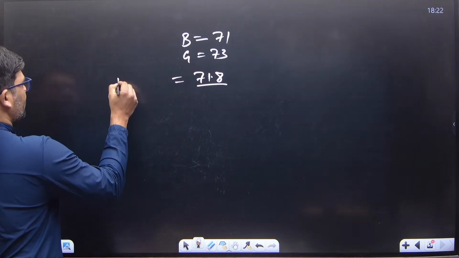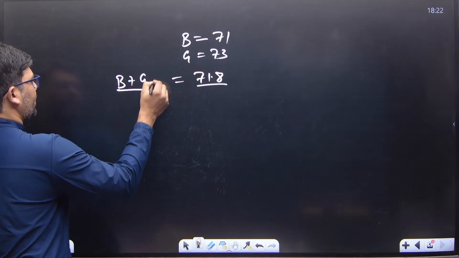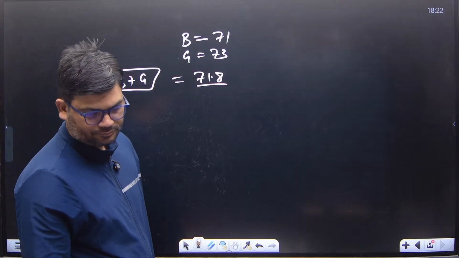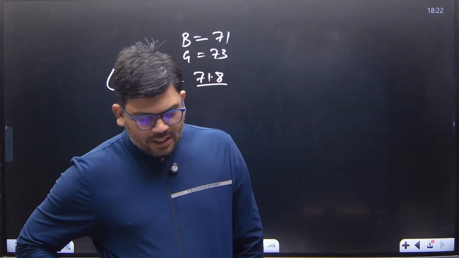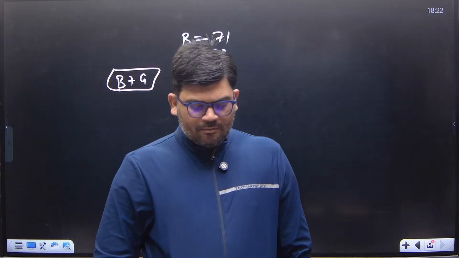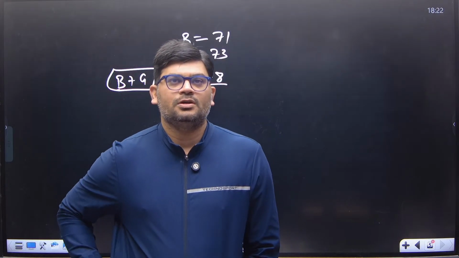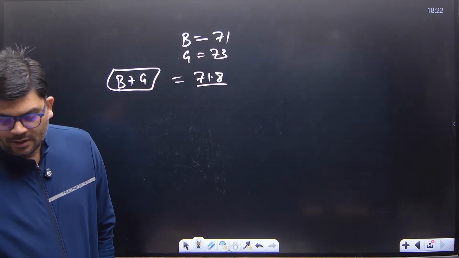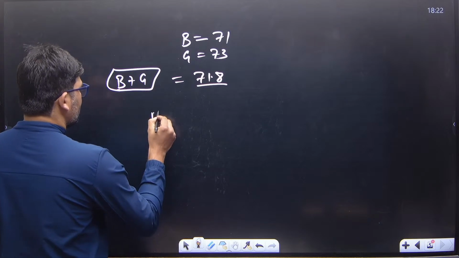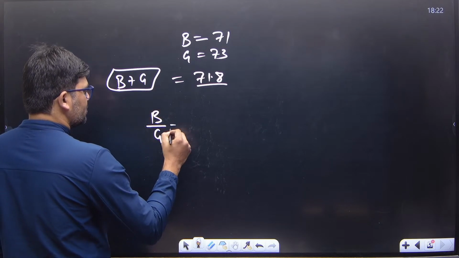Now you are calculating boys and girls together. Are you getting it? Find the ratio of the number of boys to the number of girls who appeared in the examination. This is the question. You have to tell me what is boys upon girls.